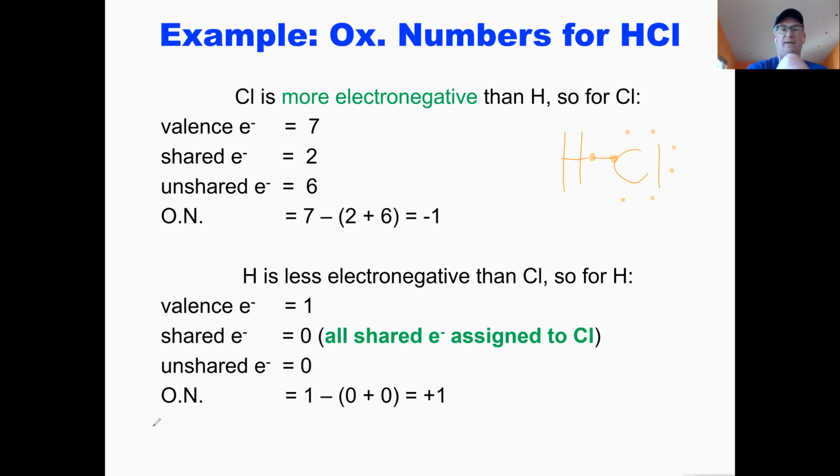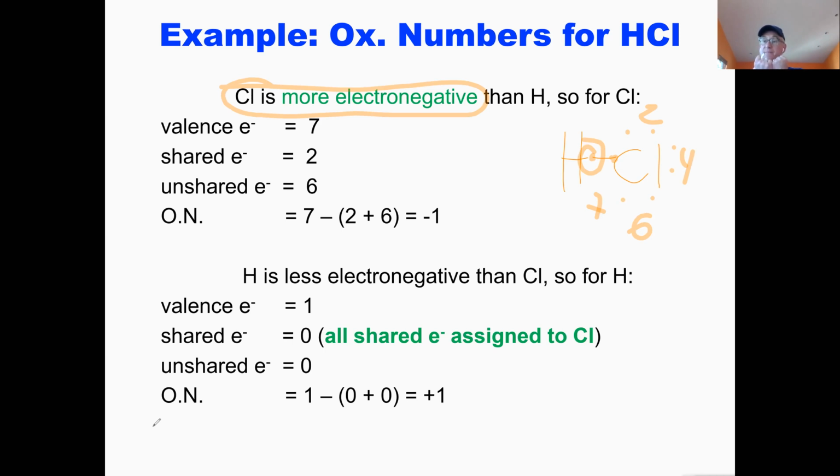Chlorine is more electronegative than hydrogen, so chlorine has those 7 valence electrons, but it also gets to keep that 1, because it's more electronegative than hydrogen.